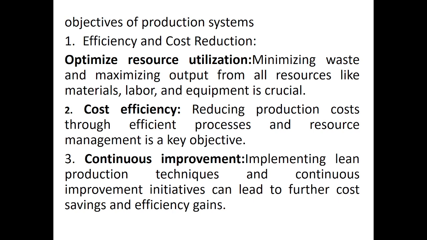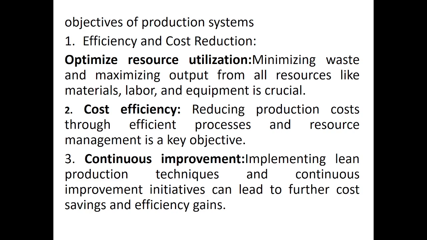Continuous improvement means that every member, every employee from the highest level to the lowest level of any company, industry, factory, or production house needs to be well trained and well educated. Proper education and proper training should be given. Why? Because only then can they improve.